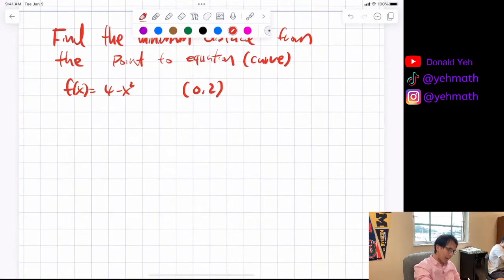In this case, I will have a graph, and this graph should be based on something like this.